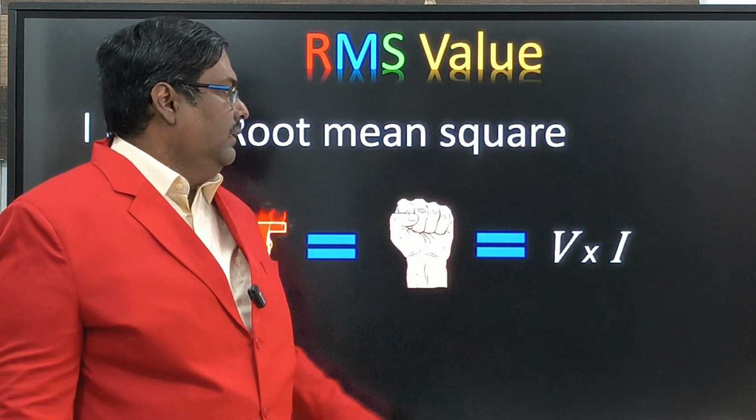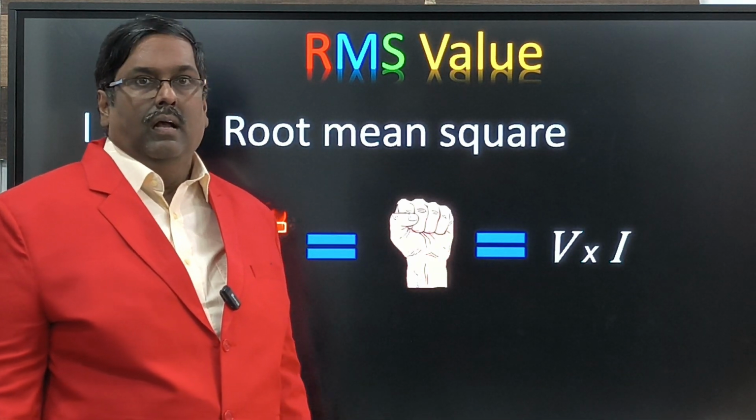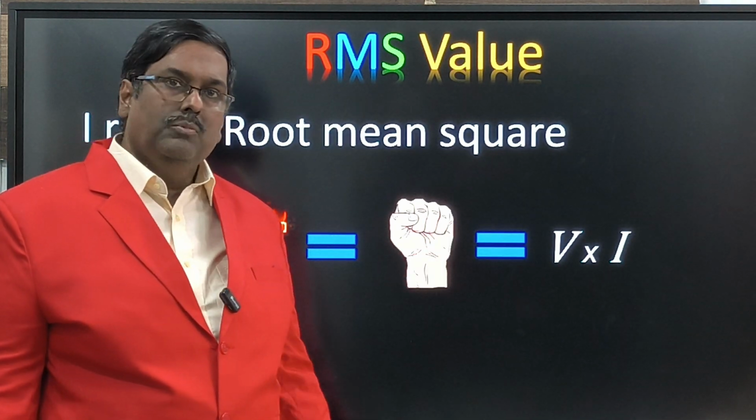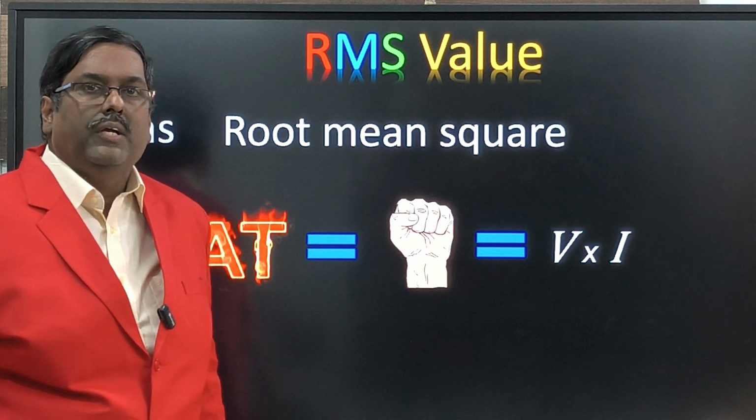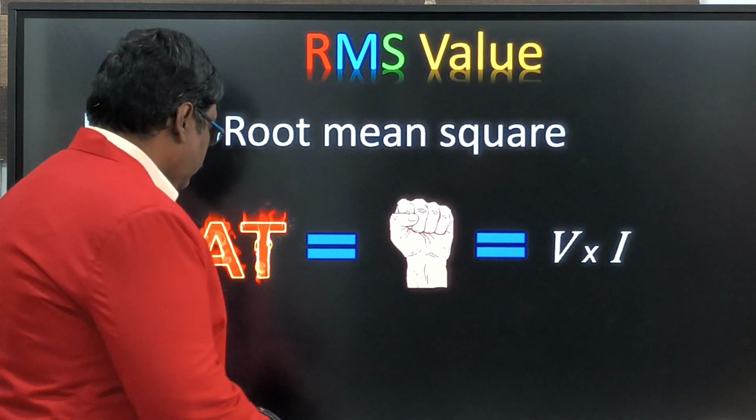Now V into I. This V, as per Ohm's law, V equals I into R. You know that?